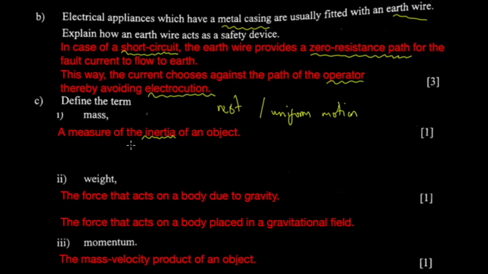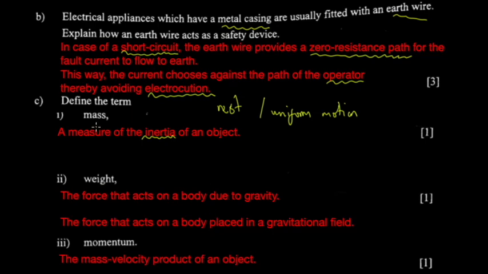Whenever we find an acceleration, we find a force. There is definitely a force that accompanies acceleration. So the force that acts on a body due to gravity is the weight of that body. Okay, or the force that acts on a body placed in a gravitational field.